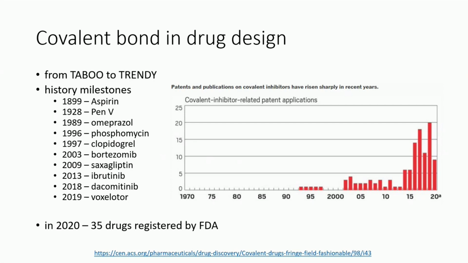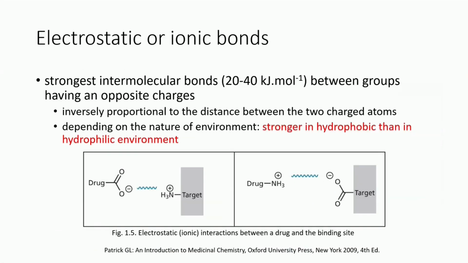And I think the most typical indications is cancer treatment. And we can see the progress in drug design that's from something what was taboo in the past became a trend recently. I have special lecture in another subject called current trends in the development of chemical drugs, focused only on covalent binders and the structural design and more examples.